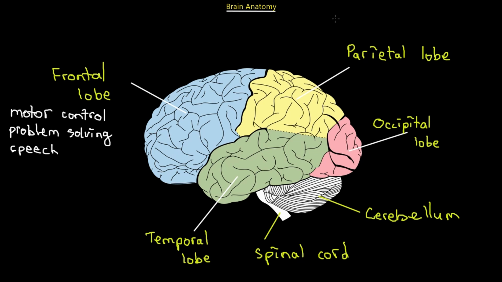Now the parietal lobe, the function is touch perception, so it's sensory. In some cases it's called somatosensory cortex, and body orientation.